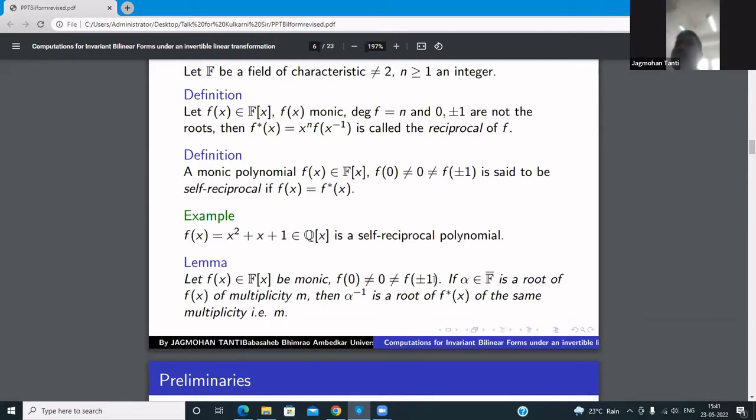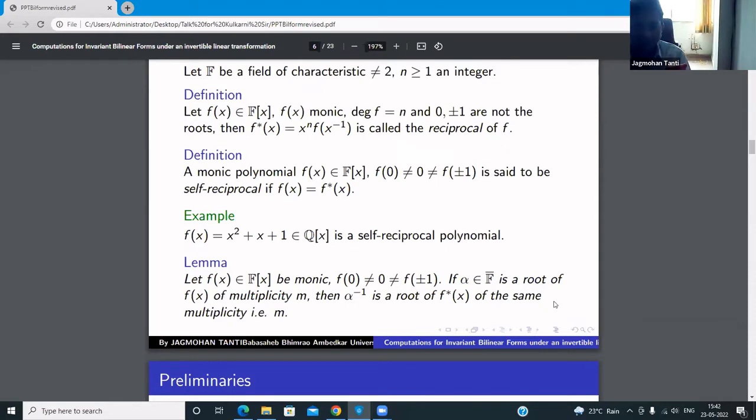So okay, this is for a general polynomial, not necessarily for a self-reciprocal polynomial. The multiplicity of a root alpha of f of x is the same as the multiplicity of alpha inverse as a root of the reciprocal of f.